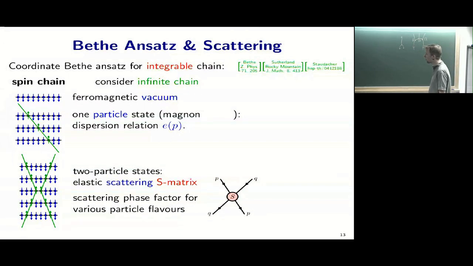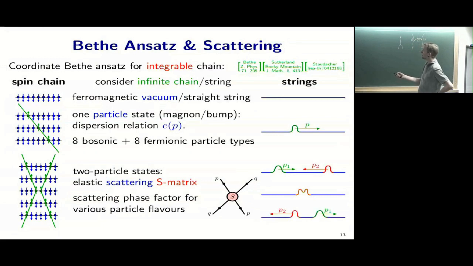But when they come close, they scatter basically. And this scattering process is described by the S matrix, by the two-particle S matrix, which is basically a scattering phase factor for all the various particle flavors that you can have. And well, that's all there is to know up to two spin flips.